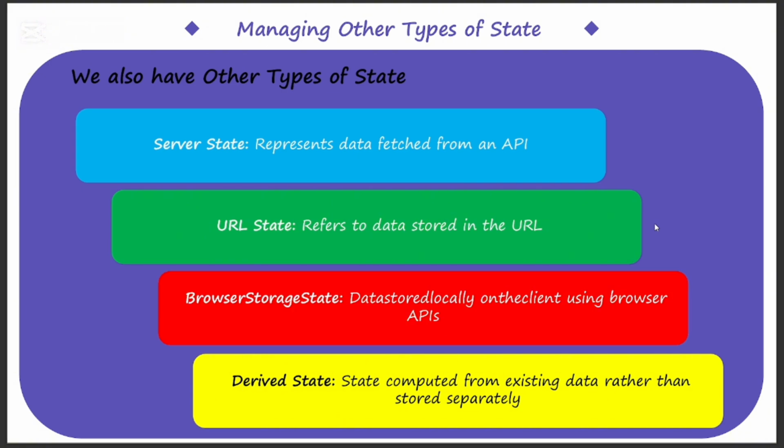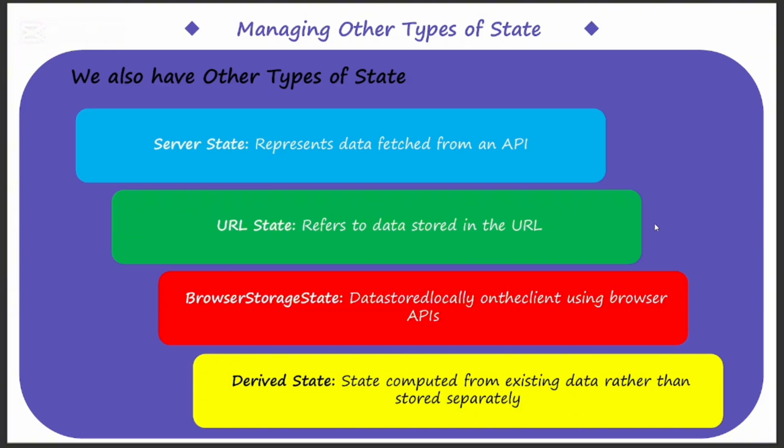Those include data stored in the browser, URL parameters, and synchronous data from APIs. Managing other types of state ensures that the application maintains consistency between client side, server side, and environmental data sources, allowing for a smoother user experience and predictable behavior.